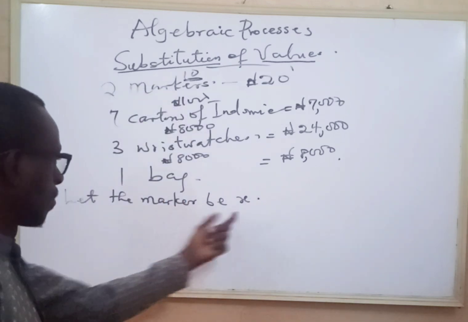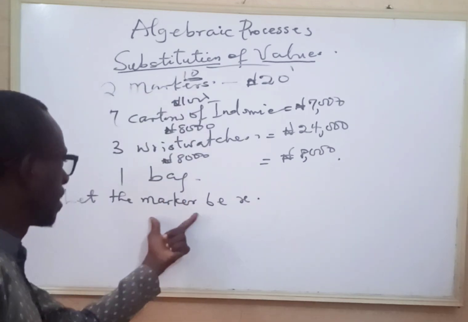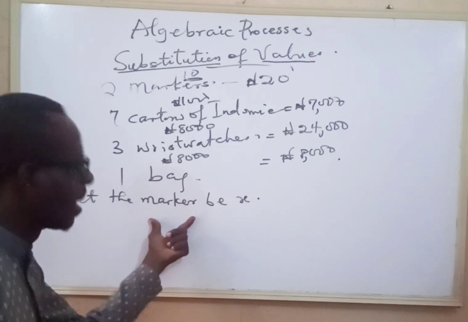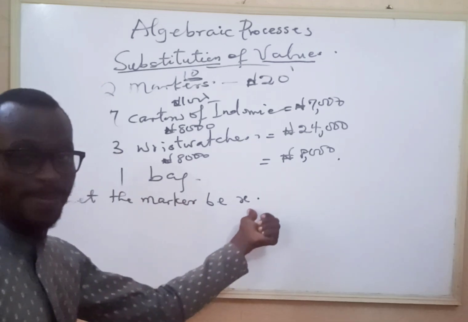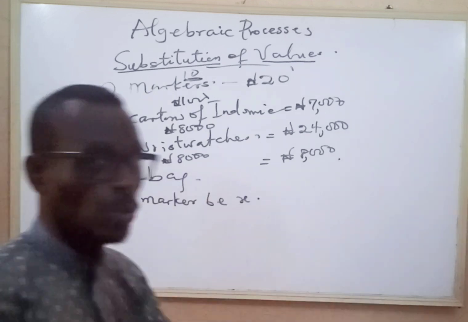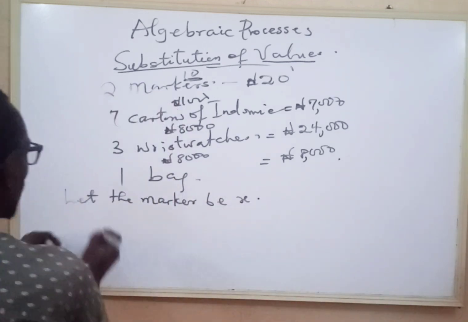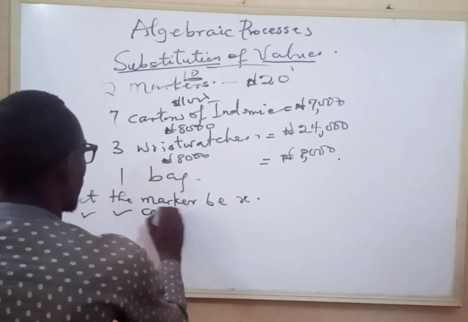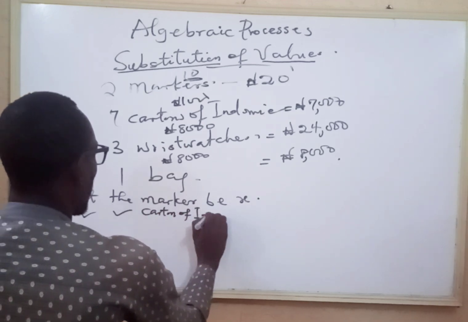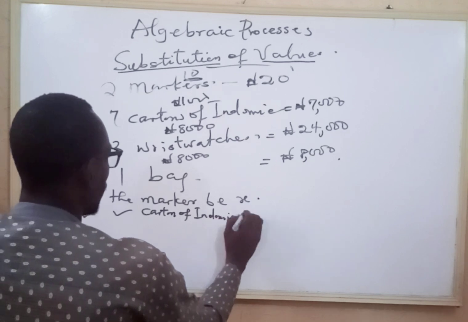This is a variable, x. This is an object, marker. You have represented this marker to be x, which makes it to be mathematical. So let the carton of Indomie be y.